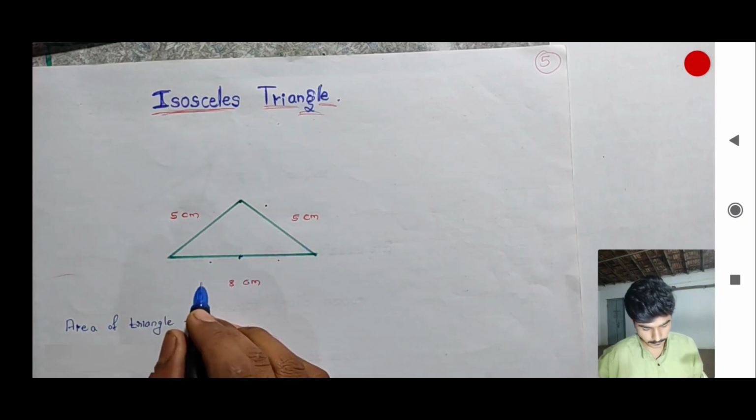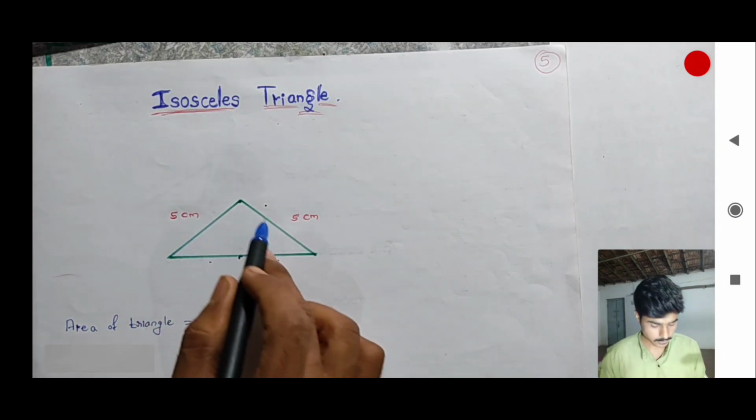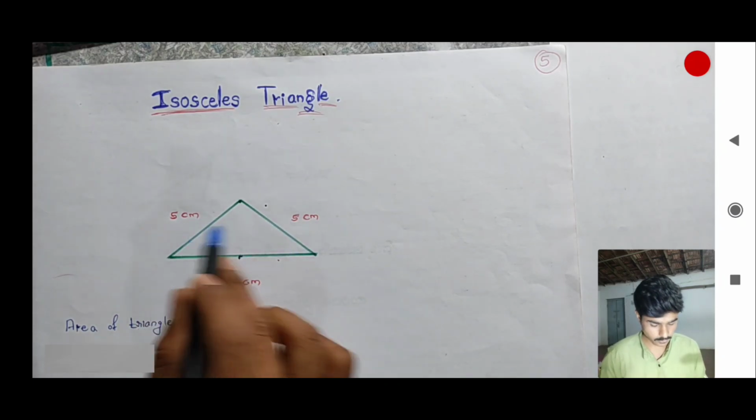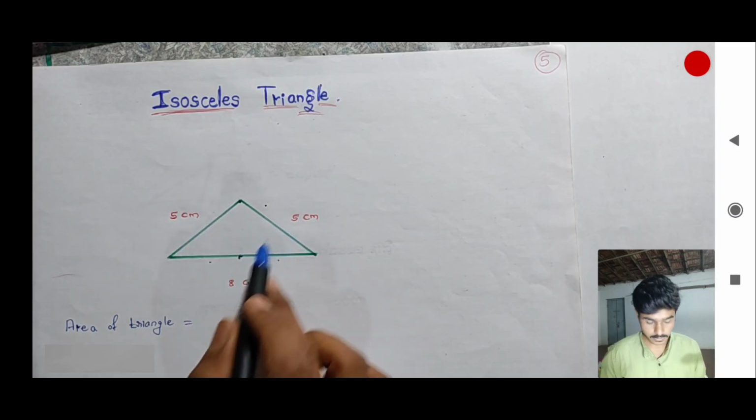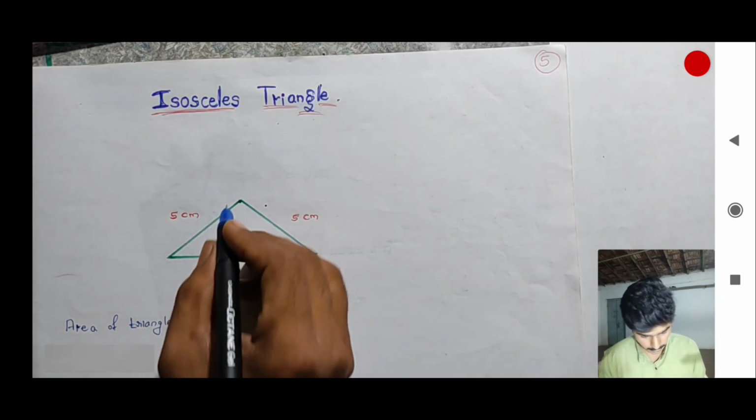As you can see here, this side is 5 centimeter and this side is also 5 centimeter. So these two sides are equal, but this side is 8 centimeter. So this is an isosceles triangle. Let me name it first.